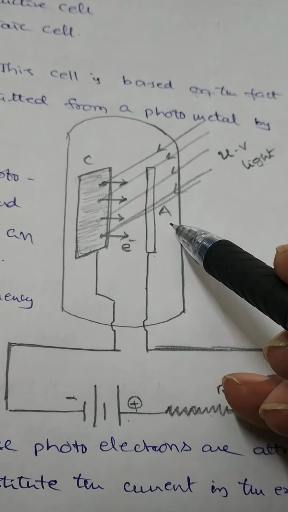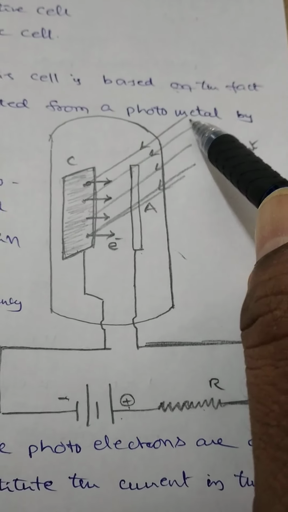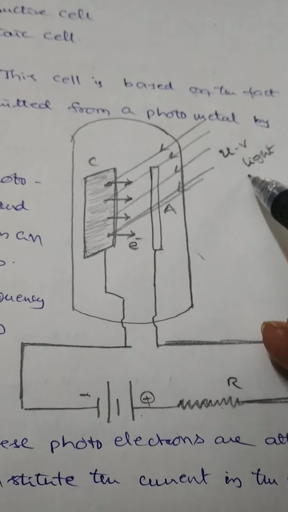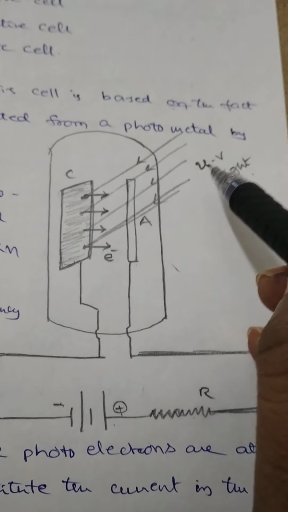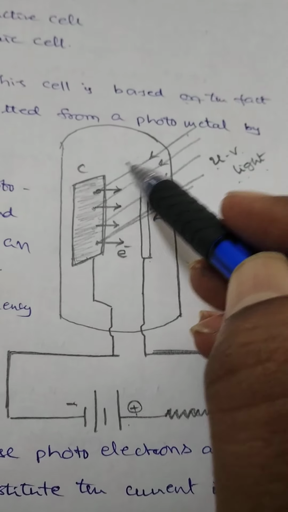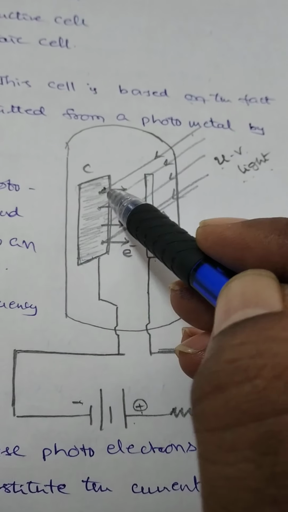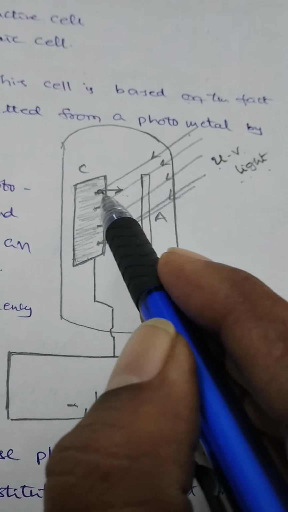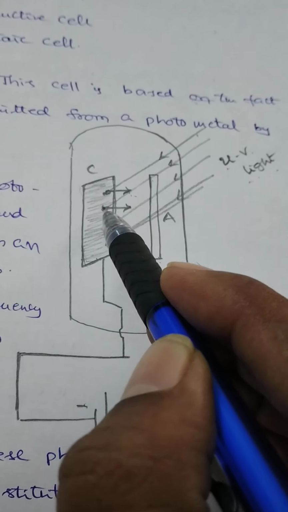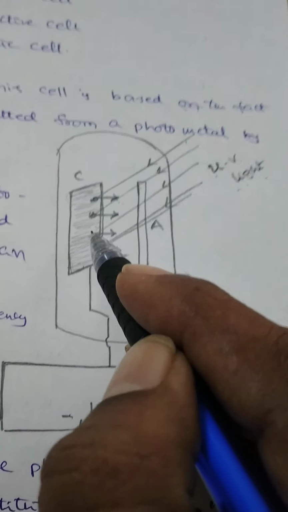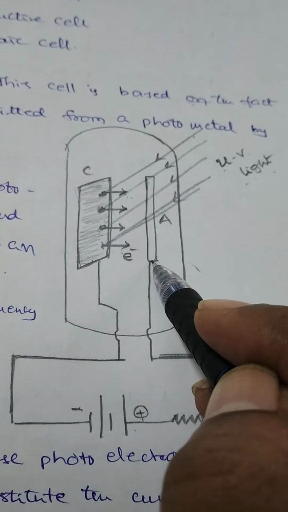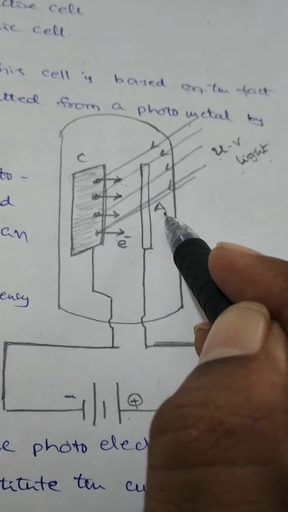Now again, some ultraviolet light or UV light, which has low wavelength and maximum energy, is made to be incident on the cathode plate such that electrons are emitted from the photometal. These electrons emitted from the photometal are called photoelectrons, and they are strongly attracted towards the positive plate, which is called the anode.